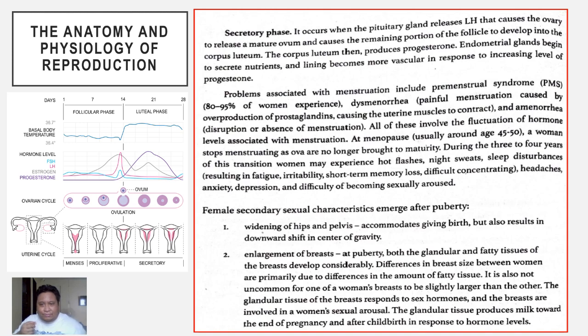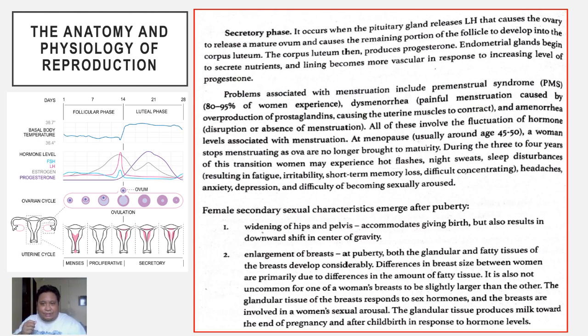At menopause, usually in the 40s, but to be sure, around 44 to 45 or even up to 50 years old, a woman stops menstruating. The ova or egg cells are no longer brought to maturity.